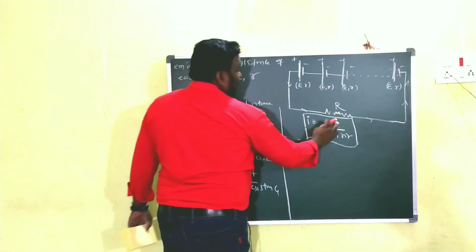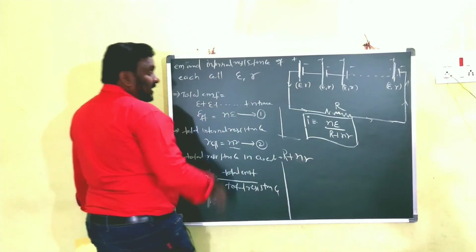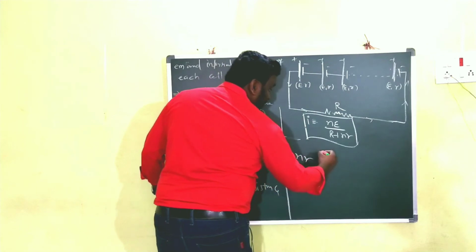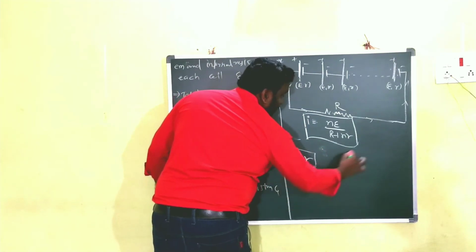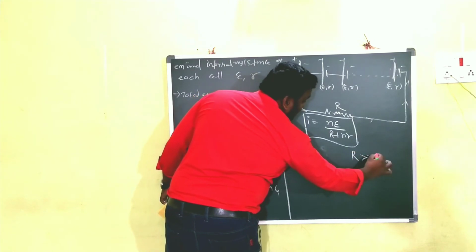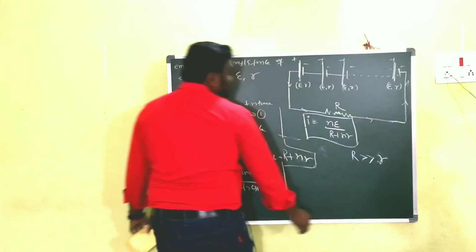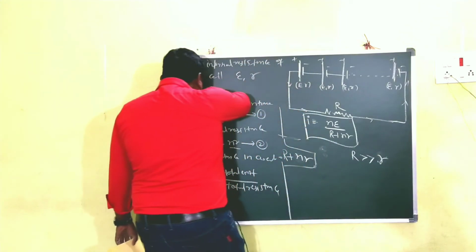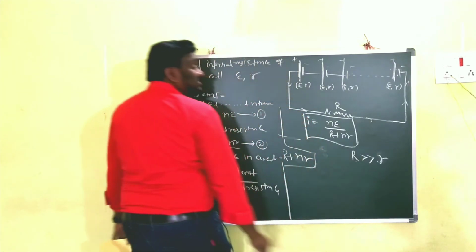I is equals to N epsilon by R plus N r. Okay, children, here we have to say that the R value is so much greater than small r. We are taking a very high value for the external resistance.